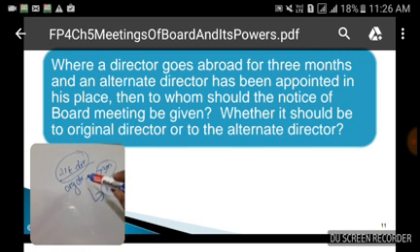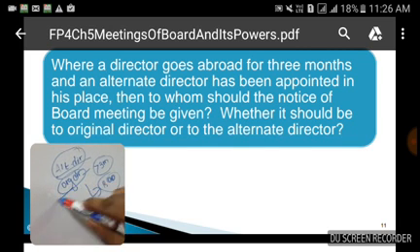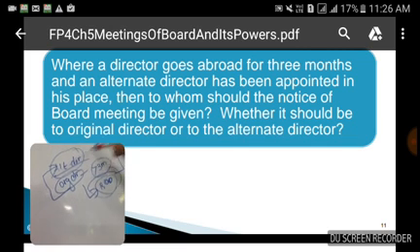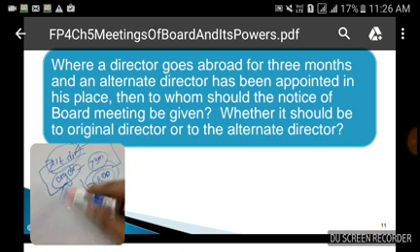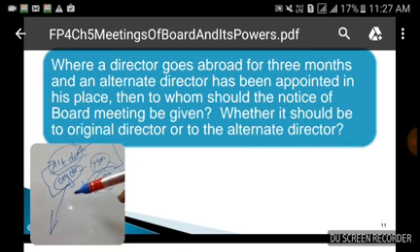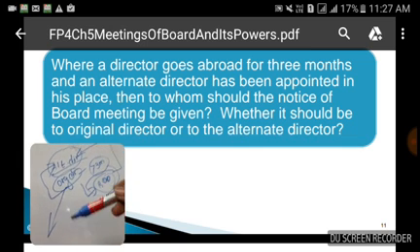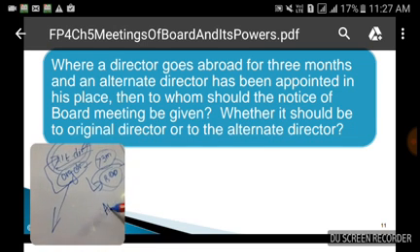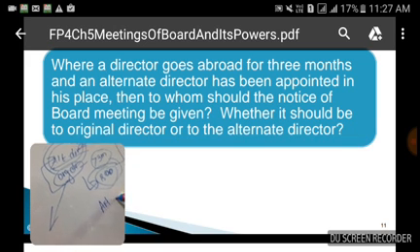The original director doesn't have the right to appoint alternate directors. If the board of directors feels that if the original director was not there, we can't carry on our functioning, the burden will be increased on us, then they will appoint this alternative director, provided the articles vest this power in the board of directors.